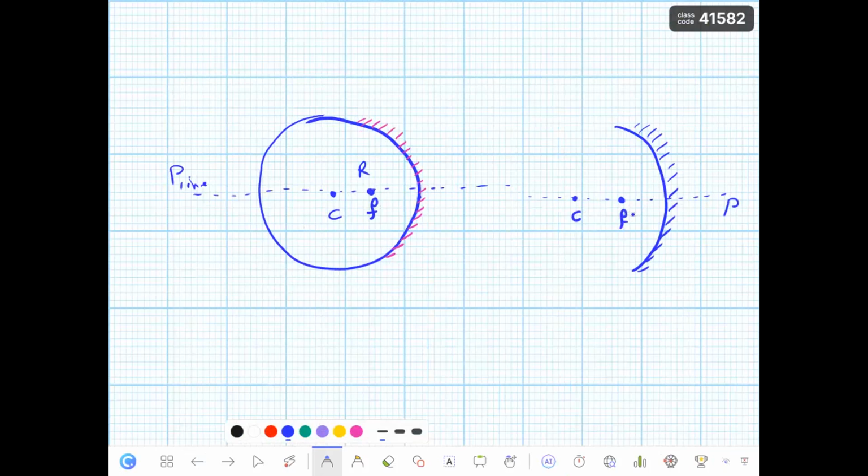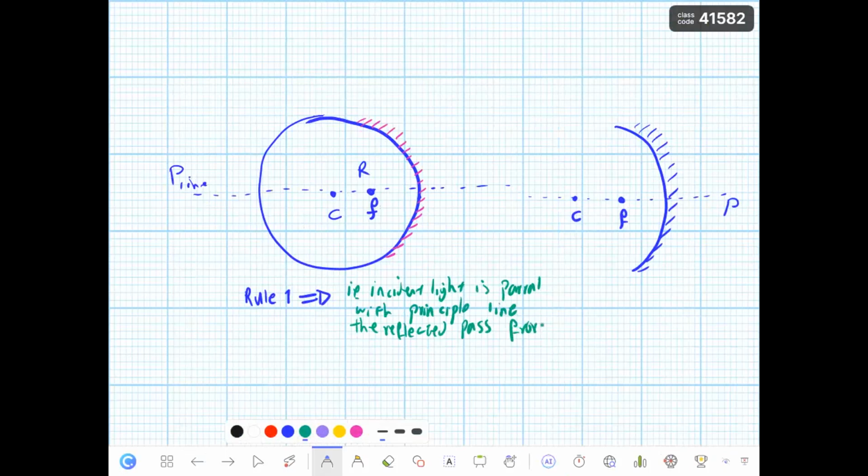Good? So, rule number 1. If the incident light is parallel with the principal line, the reflected light passes through the focal point.